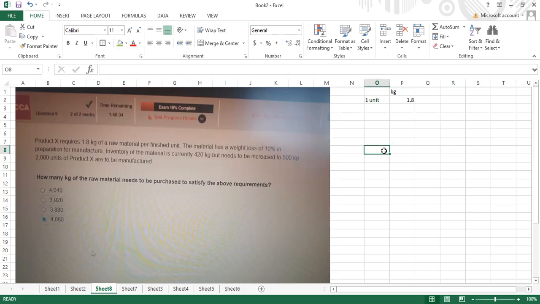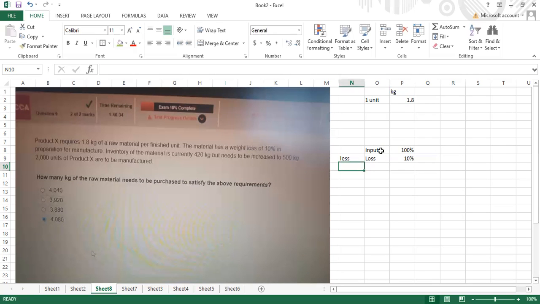manufacture. So it means, understand that when we input a material, input is always 100%, and 10% is the loss, and we normally get 90, because we deduct the loss from input.